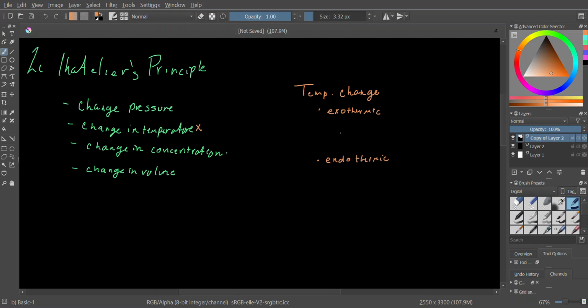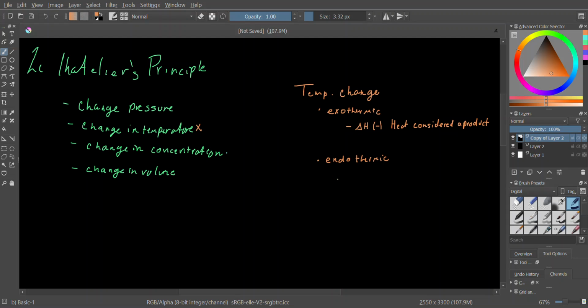And essentially what that means is that if your reaction is exothermic, your delta H is going to be negative, right? And it also means that heat can be considered a product, because in an exothermic reaction, you're releasing heat, so you're creating heat, therefore heat is a product.